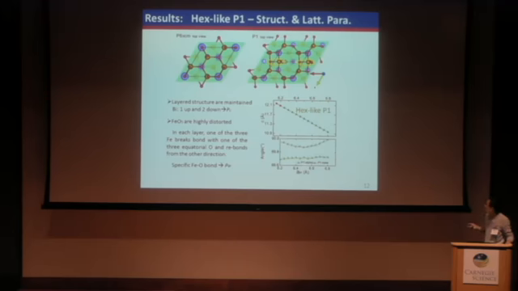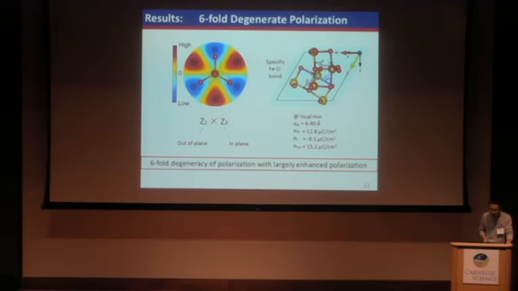And for the alpha and beta angles, they are quite close to 90 degrees. So we call it the hexagon-like P1 phase to distinguish it from the perovskite P1 phase. This phase has quite novel polarization.